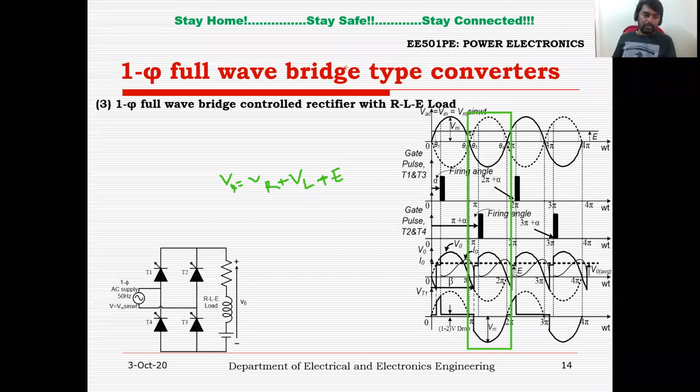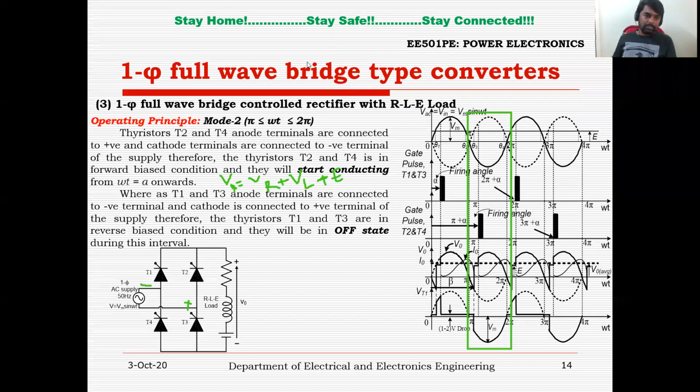During this interval, here it will be negative and here it will be positive. So T2 and T4 will be in forward bias condition, and if you trigger them, they will go to conduction state. T3 and T1 will be in reverse bias condition, because T1 anode is connected to negative and T3 cathode is connected to positive, anode to negative. So these two devices will be in reverse bias condition and go to off state.